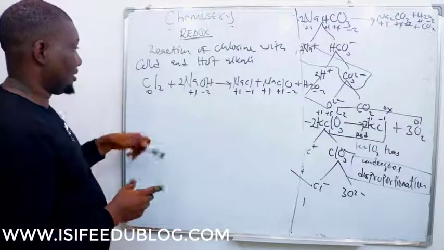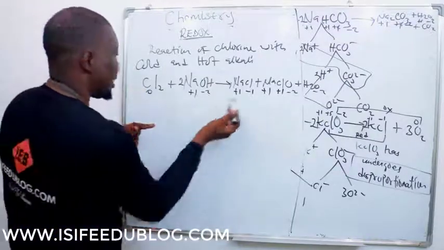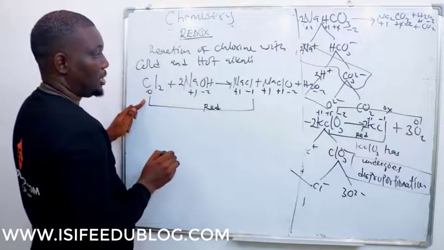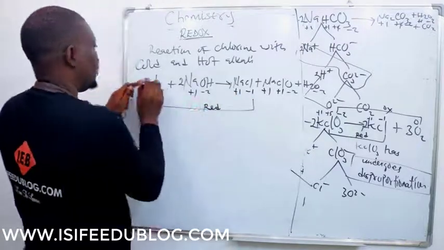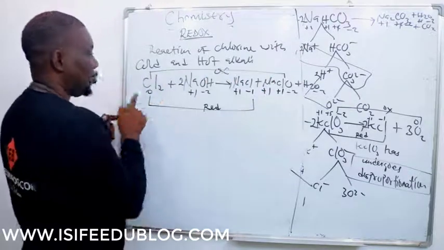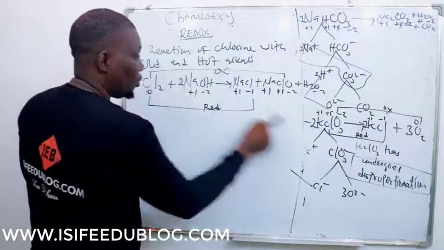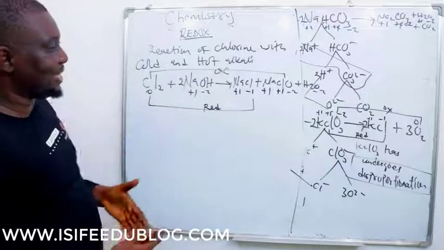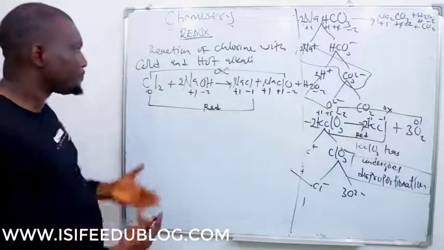In this reaction, chlorine is 0 here, but not 0 here. So here, there has been a clear case of reduction. And then the same chlorine coming over to the next compound here has oxidized. So what has happened here? Chlorine has undergone disproportionation. It acts as both oxidizing and reducing agent.